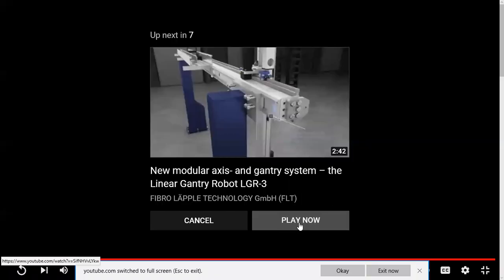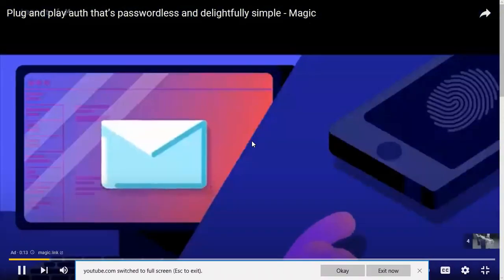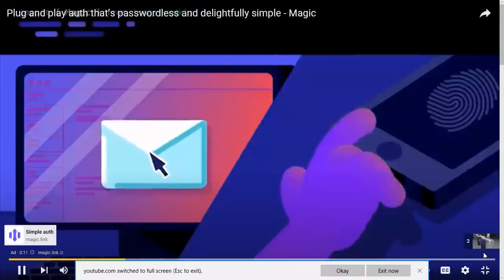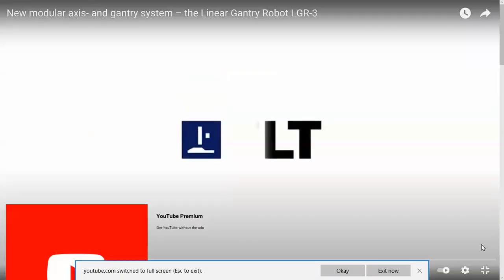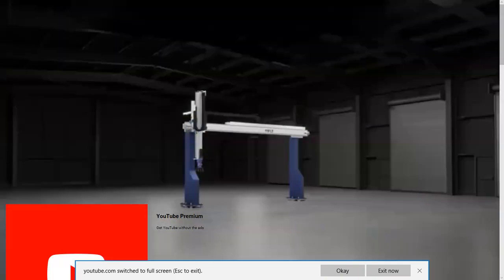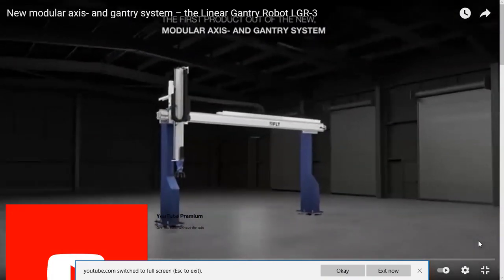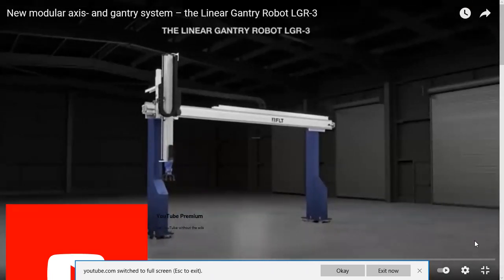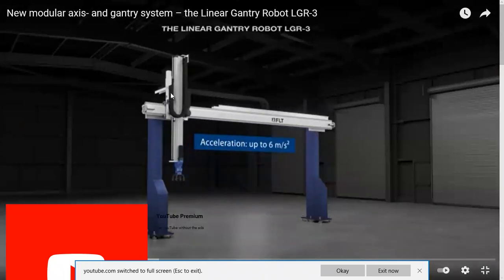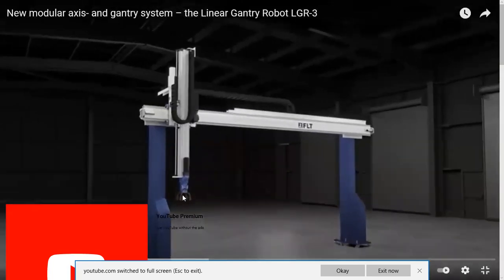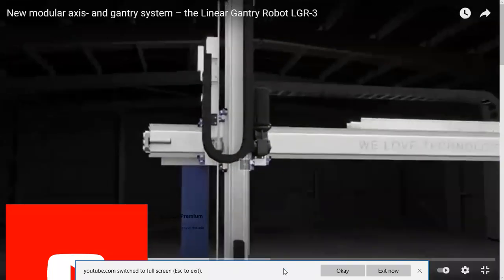It is coming forward. Now see that this is a gantry robot. Gantry means crane type robot. See how this robotic arm moves along X axis. It will move vertically also. This gripper or end effector is there.